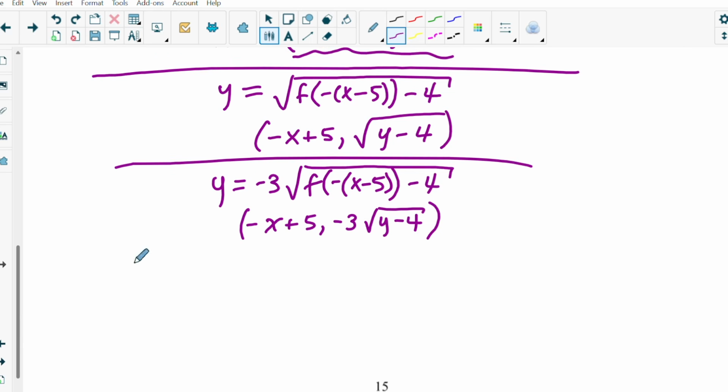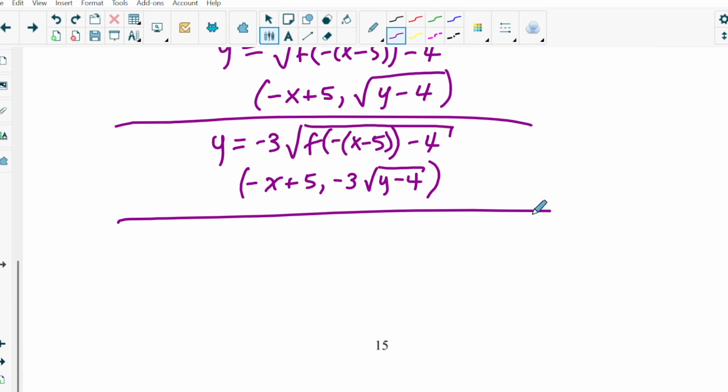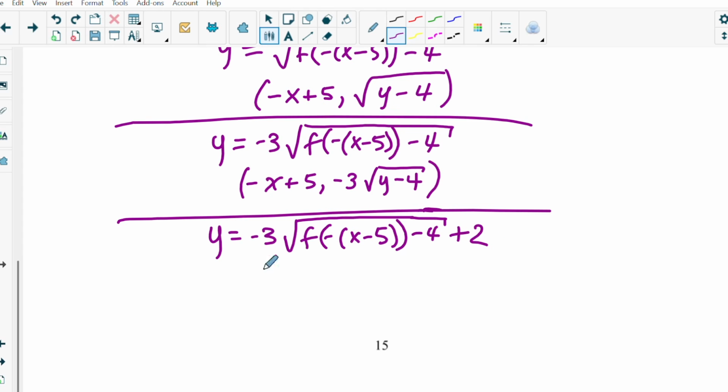Okay, last part here. Let's put this plus 2 back on. So I'm going to rewrite all this, and then I'm going to put that plus 2 back on. So what happens?